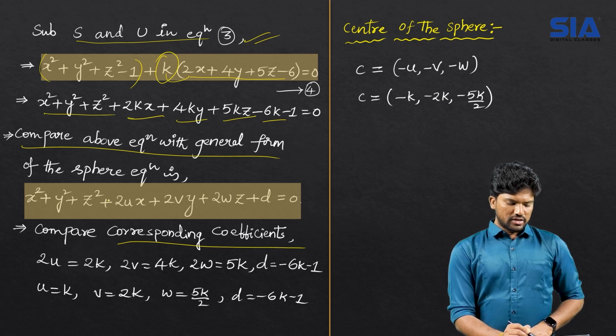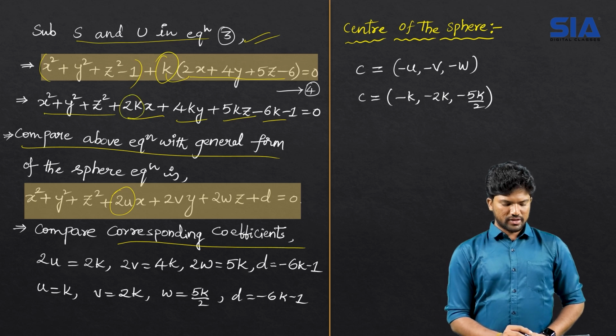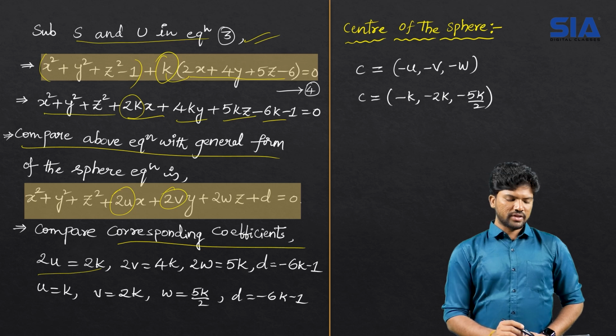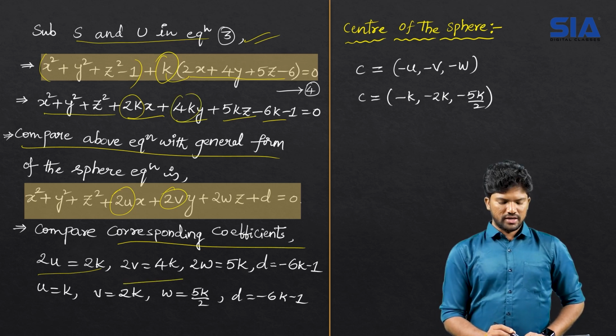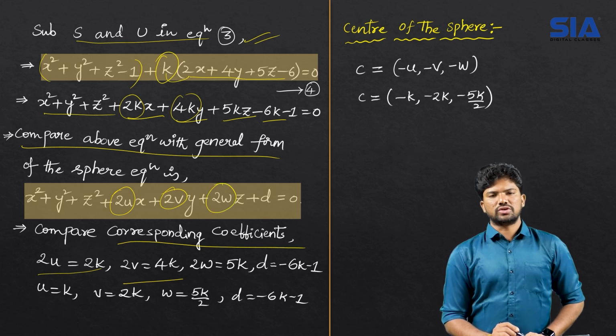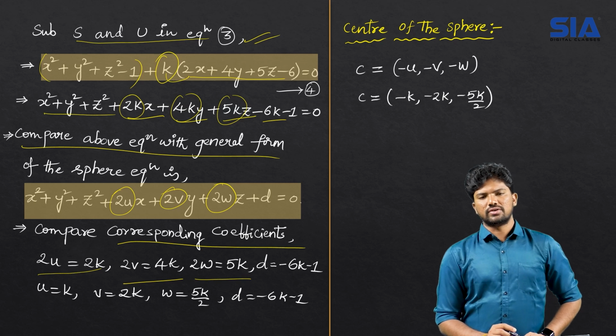Here the x coefficient is 2u, and here the x coefficient is 2k, so 2u is equal to 2k. Here the y coefficient is 2v, and here the y coefficient is 4k, so 2v is equal to 4k. Here the z coefficient is 2w, and here the z coefficient is 5k, so 2w is equal to 5k.